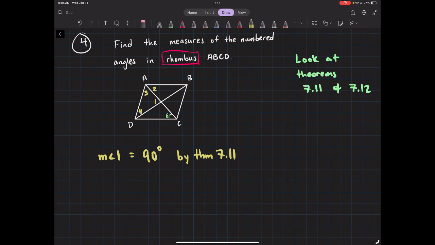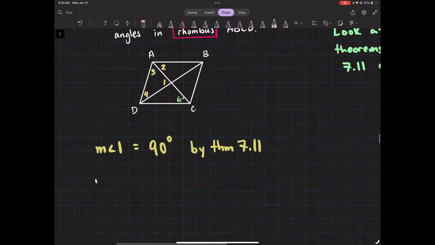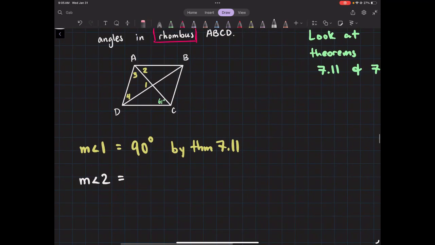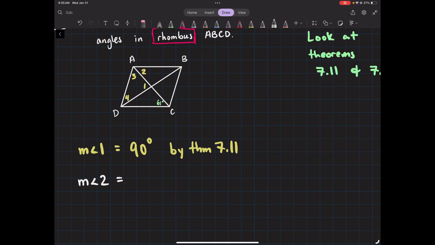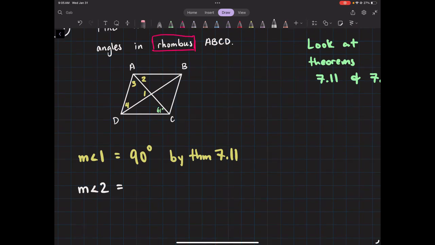Okay, and then we're gonna go ahead and take a look at the rest. So the rest, we'll go in order. We'll go with measure angle 2. If you take a look at the theorem sheet again, this time I'm going to look at theorem 7.12. If you look at all those markings, they tell you which angles are congruent to each other.